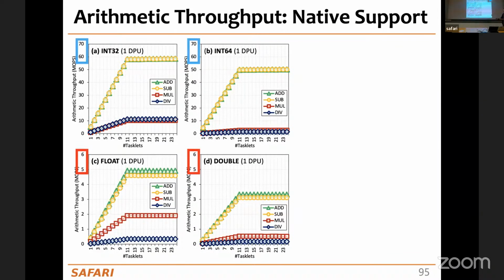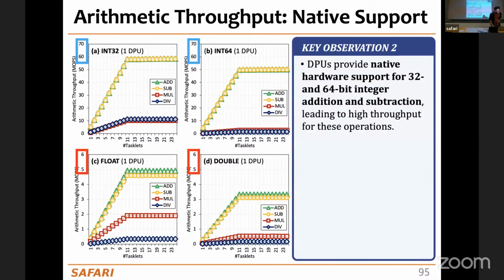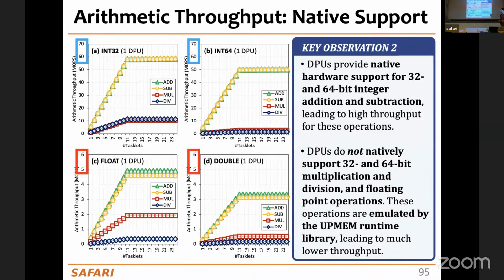But we can also observe that there is a lot of difference between the arithmetic throughput of different operations, right? So if you observe integers with respect to double precision, or even addition and subtraction compared to multiplication and division, we see that the throughput is completely different. And that's because of the instructions that are natively supported by the hardware.